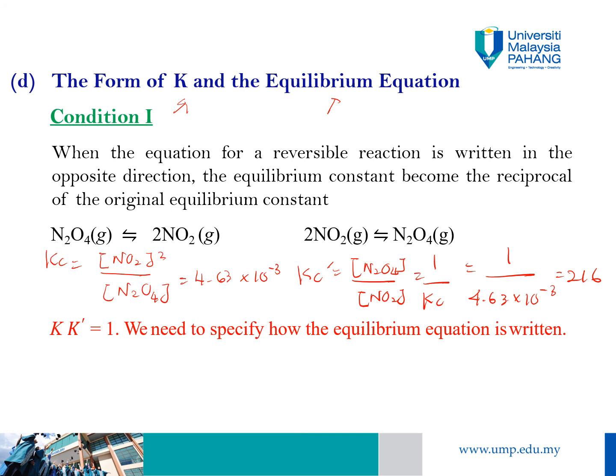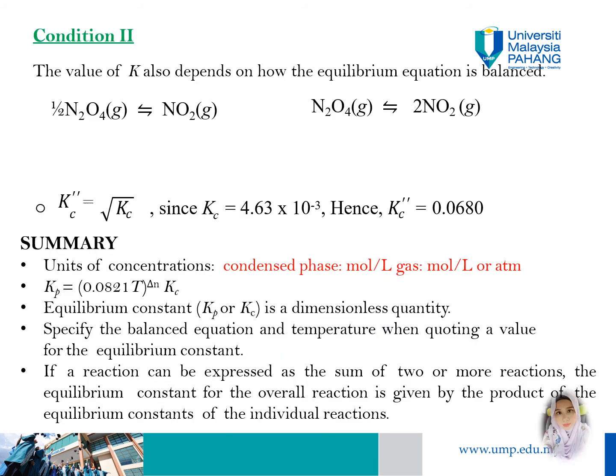So we need to specify how the equilibrium equation is written. So we can write Kc is equal to 1 over Kc prime, or Kc times Kc prime is equal to 1. The value of K also depends on how the equilibrium equation is balanced.